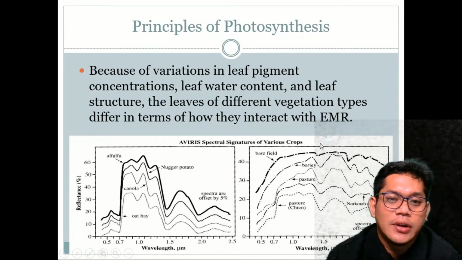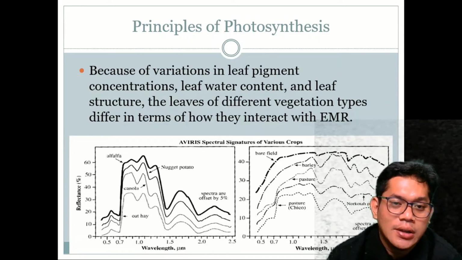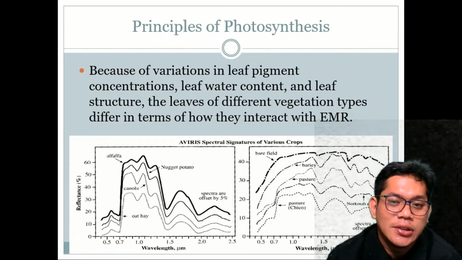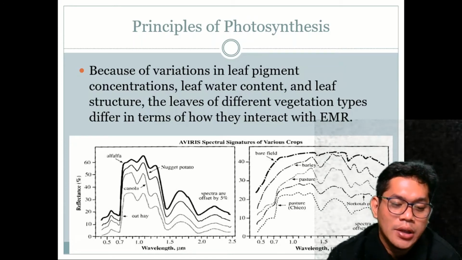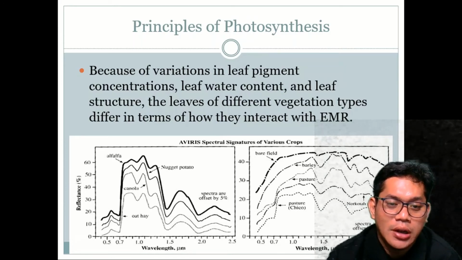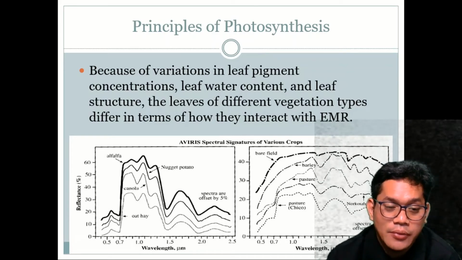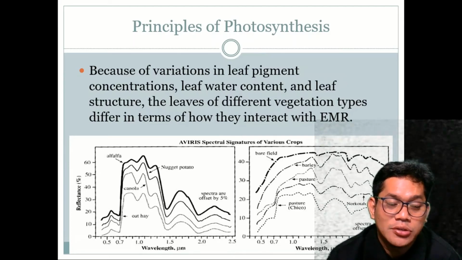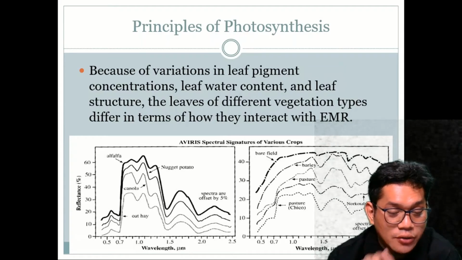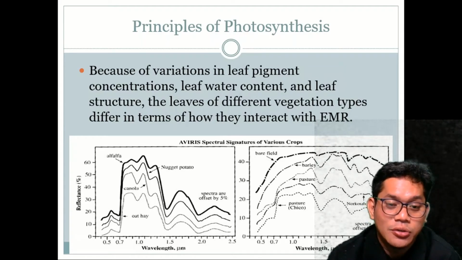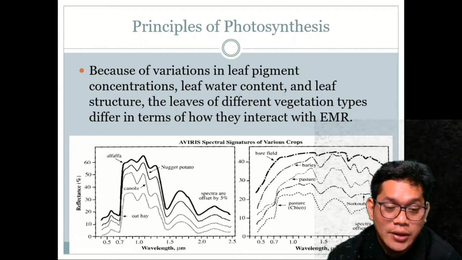Because of the variation in leaf pigment concentrations, leaf water content, and leaf structures, the leaves of different vegetation types differ in terms of how they interact with EMR. Even though we just talked about how leaves have reflections, healthy and not healthy, different plants also have different chlorophyll properties, different pigment concentrations, and thickness of the leaf. Therefore, it also shows you different reflectance.